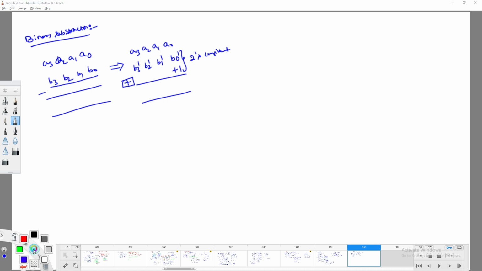Now I am trying to construct the circuit for this. If you observe, at a stretch, am I going to add three numbers or not? If I would like to add three numbers, can I use a full adder here?